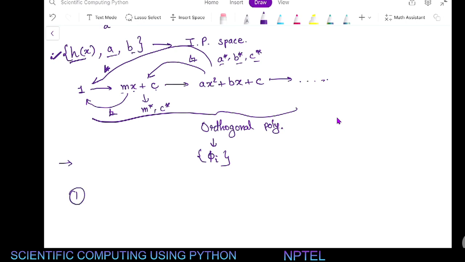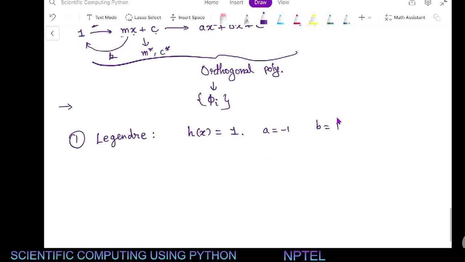The first one is called Legendre. For Legendre, we have h(x) equal to 1, so no weight, same weight everywhere. And limits are -1 to 1, so a is equal to -1 and b is equal to 1.